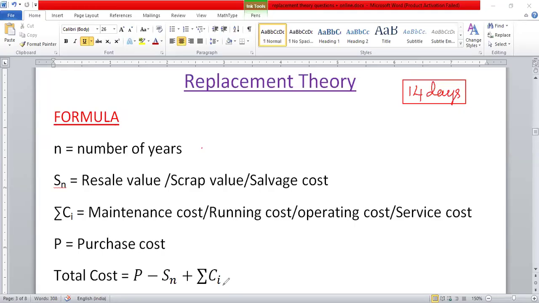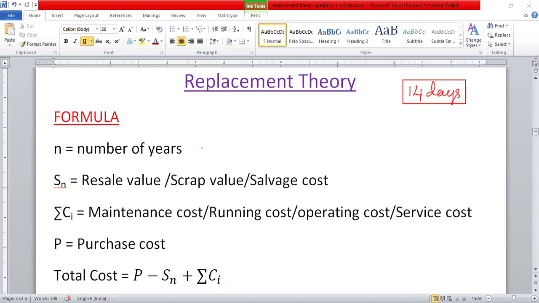So total cost is equal to P minus S_n plus summation of C_i, which is very important.